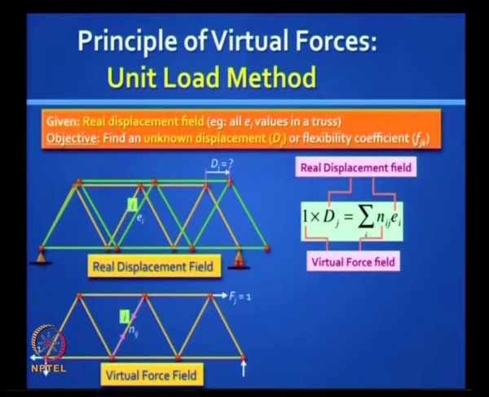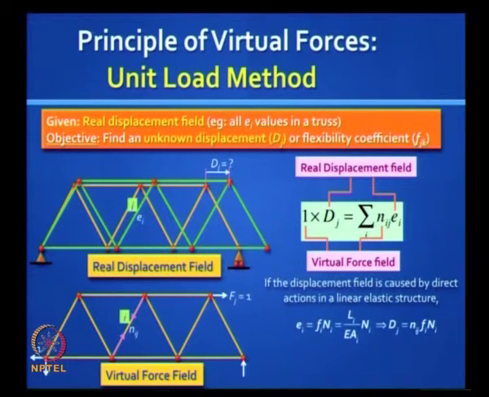Now that small nij is defined here as the actual force in the element i caused by Fj equal to 1, okay. So that is a notation we will use consistently, and ei is the elongation in the ith bar. Is it clear? Those arrow marks should make it clear. Yeah, this is nij in the ith bar, this is ei in the ith bar, and we are just multiplying them for all the bars and summing over i.